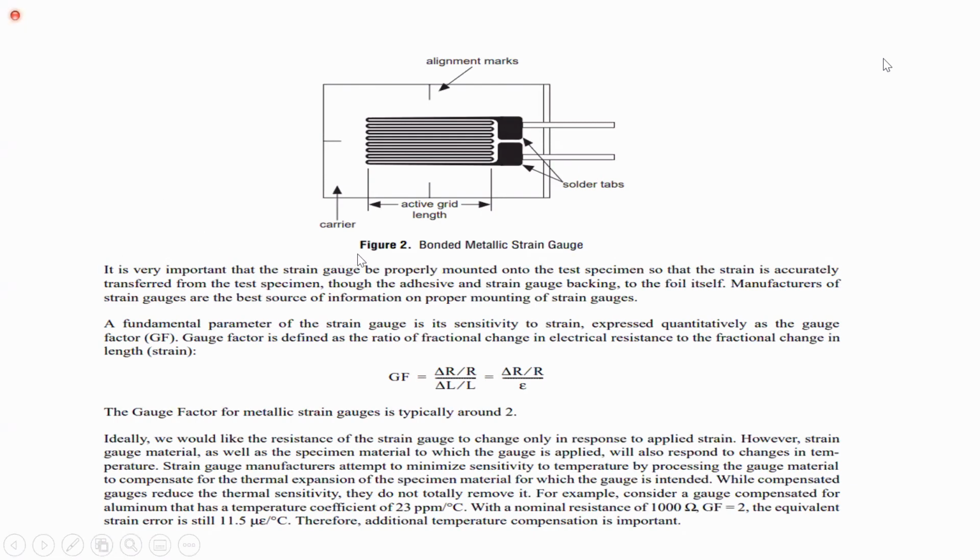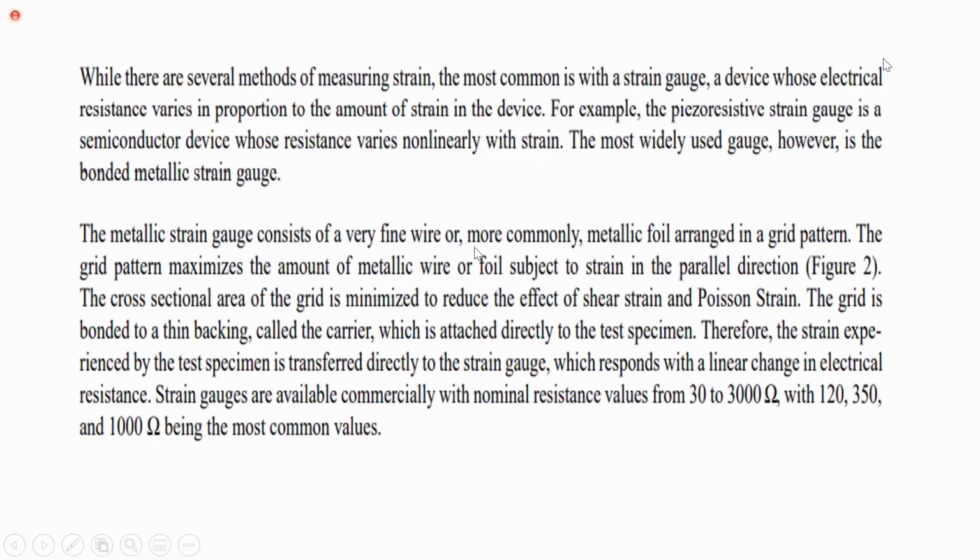The metallic strain gauge consists of a very fine wire, or more commonly metallic coil, arranged in a grid pattern. The grid pattern maximizes the amount of metallic wire or coil subject to strain in the parallel direction. The cross-sectional area of the grid is minimized to reduce the effect of shear strain and Poisson's strain.